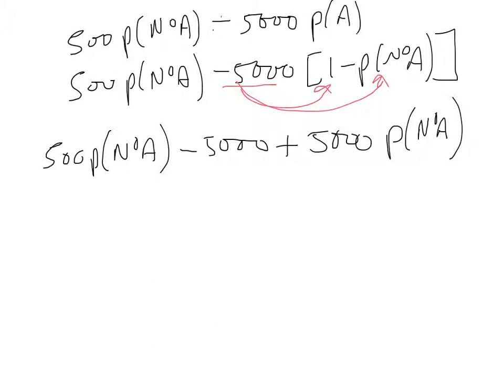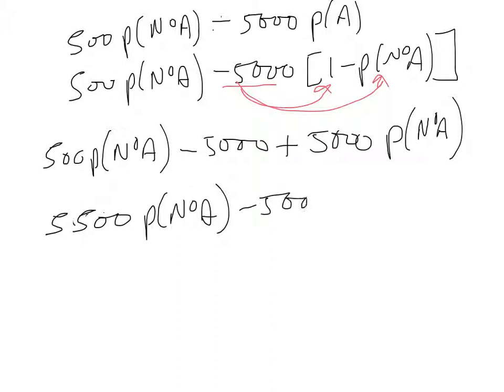Alright, so what am I going to do is I'm going to group like terms together. So I'm going to group those two terms that are similar and add them together. So that'll be that no accident minus 5,000, which equals 0.